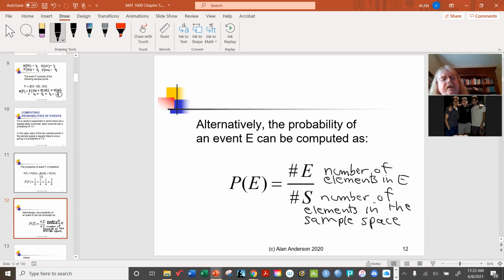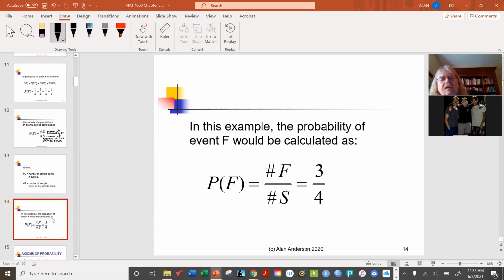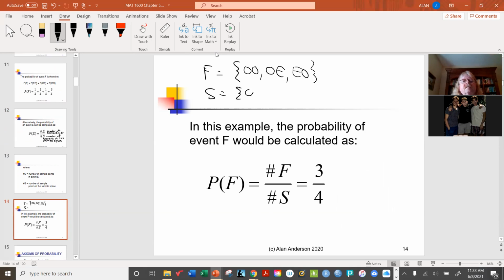Okay, so here, in the case of F, we would have counted 3 elements in F. Remember, F is everything except 2 evens. And the entire sample space is all the elements. By the way, I just want to remind everyone, with a set, the order in which you write these elements does not actually make any difference.